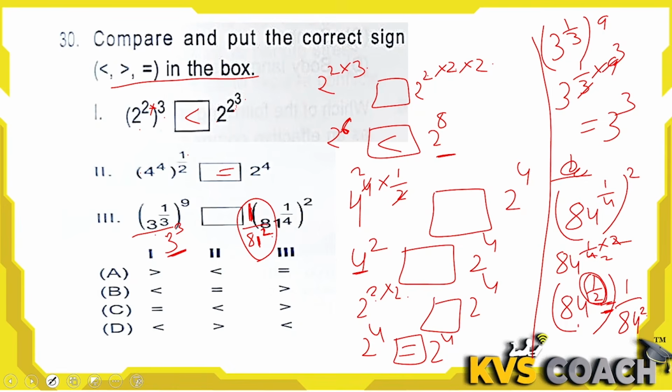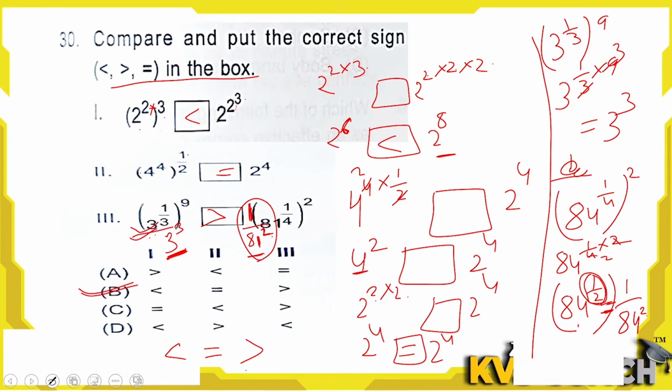You can see that here 1/81 is the value. Here 3 is the whole number. So always whole number is bigger than the fraction number. Okay, so this is the sign will be put here. Okay, sign will be this equal to and this. So where is the sign? This equal to and this is the B number sign is the this sign. B is the right answer here.